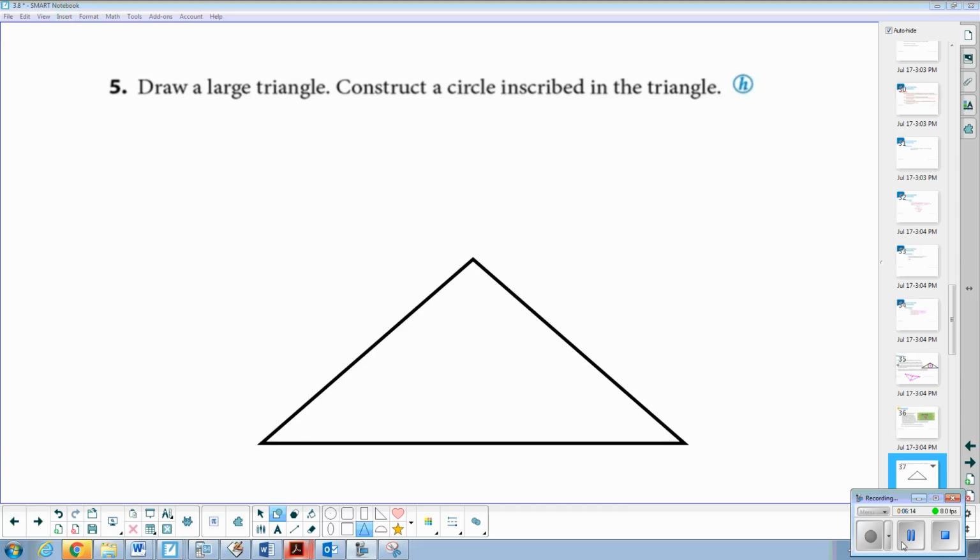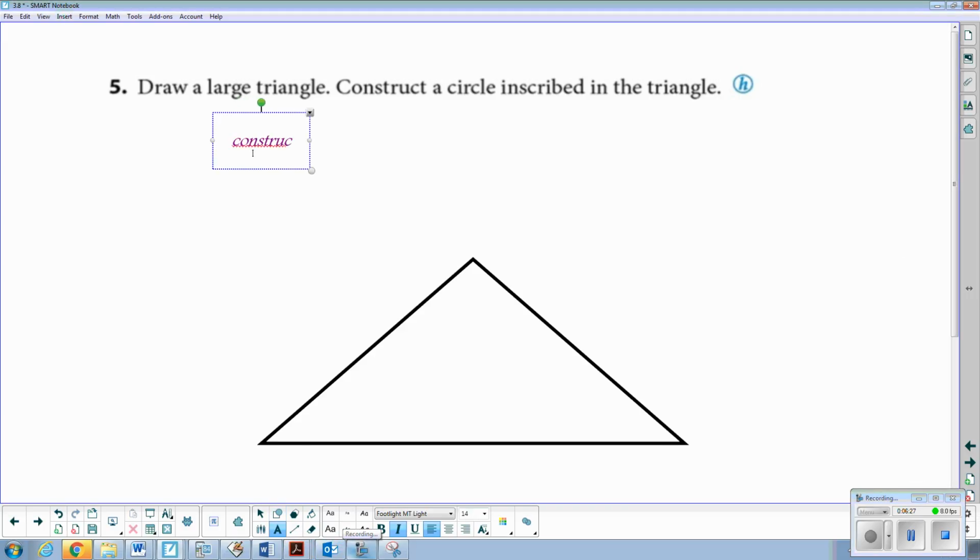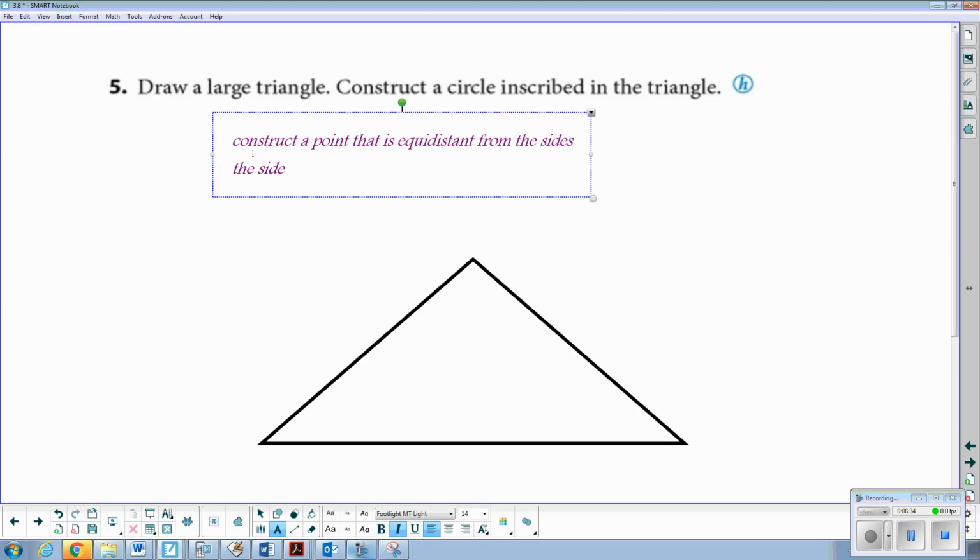What point is equidistant from our sides? That's the in-center of the triangle. So we need to construct the in-center of the triangle. I'll just write that up here: the in-center is equidistant from the sides, so we need to construct the in-center.